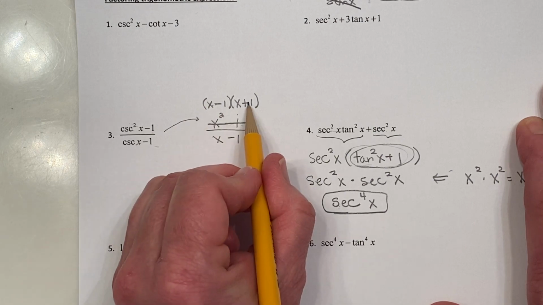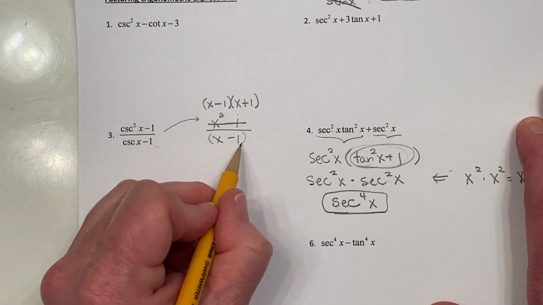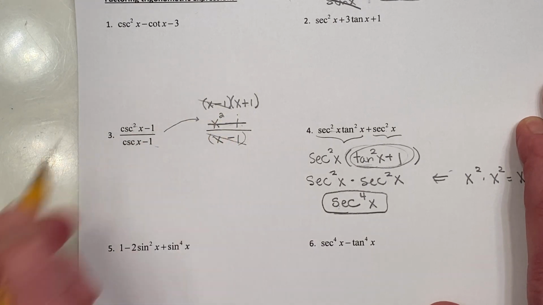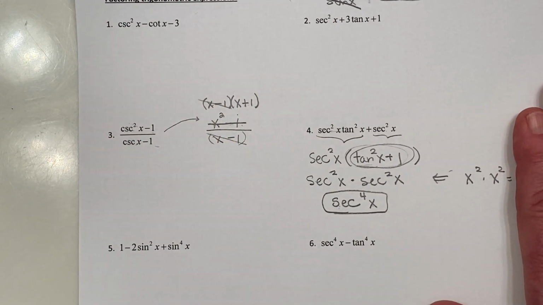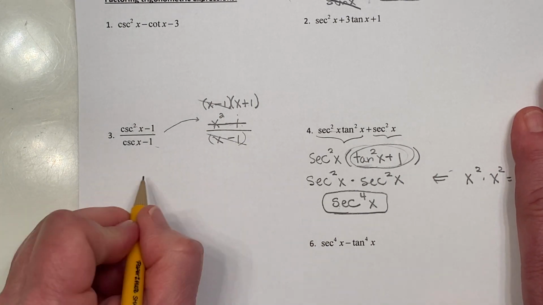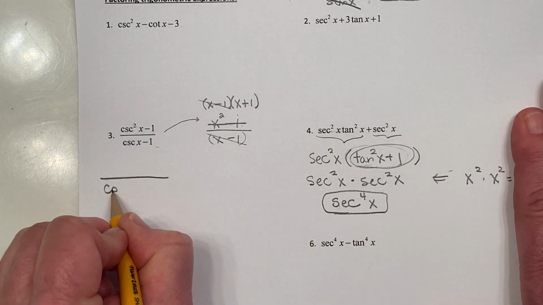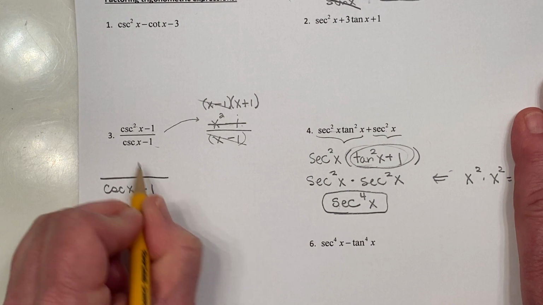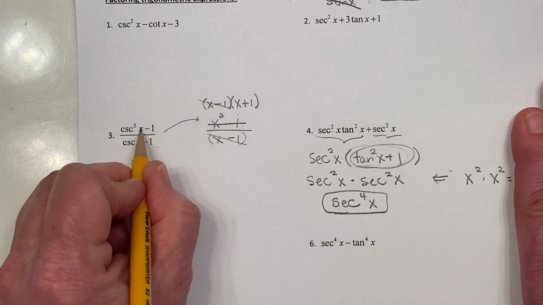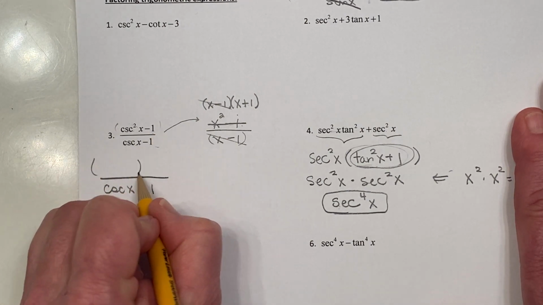Once you get factors on top, you can think of this denominator as a group, and you could divide out the common factor. That's the same thing we're going to do over here. We just have trig functions. The denominator doesn't factor because I don't have a square here, but the numerator does factor.